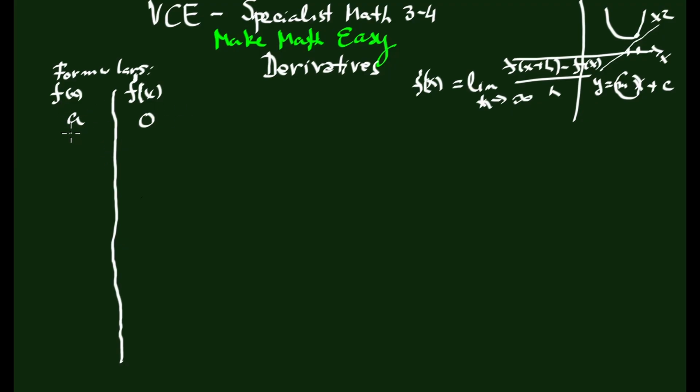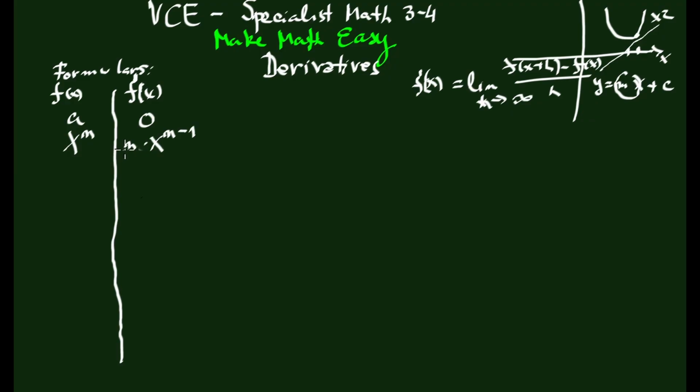Okay. So if you have x to the power n, then your first derivative is n times x to the power n minus 1. So that's it. What else have you got?